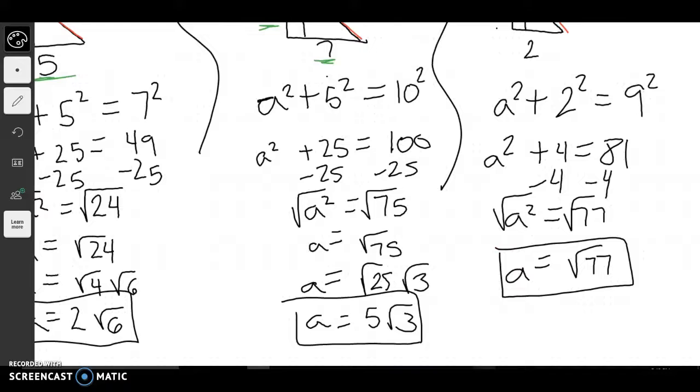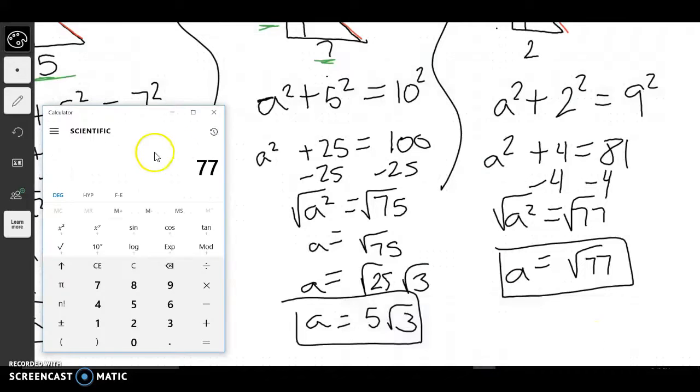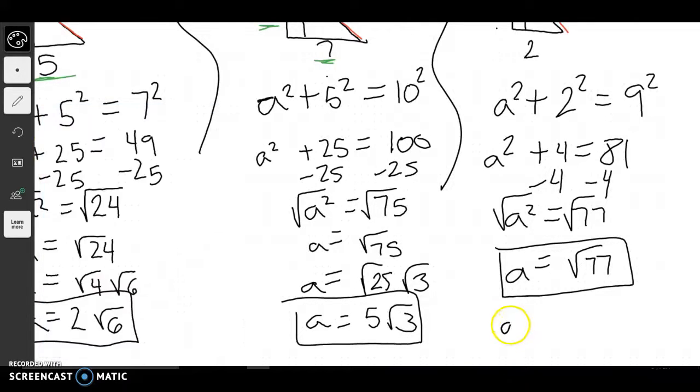If they want you to approximate it to some decimal places, well, you just throw it in your calculator, you hit the square root button, and you see what you get. So if we were to approximate this to 2 decimal places, it'd be 8.77, and this thing would round down because we have a 4. So our answer would be approximately 8.77.